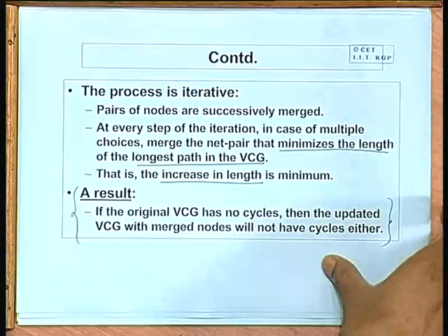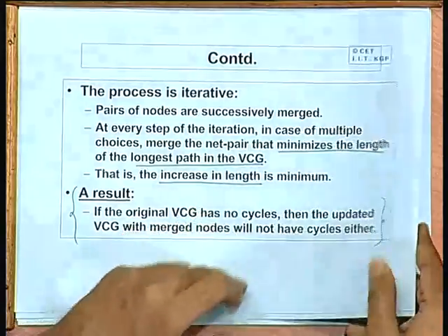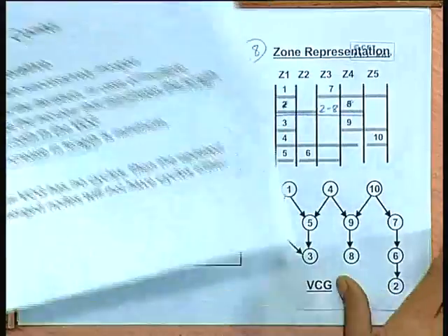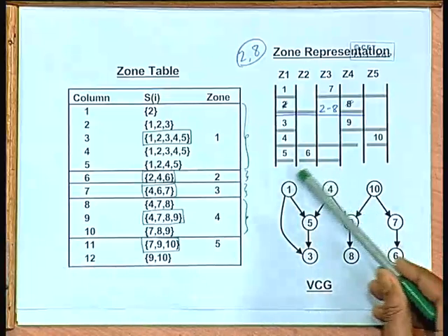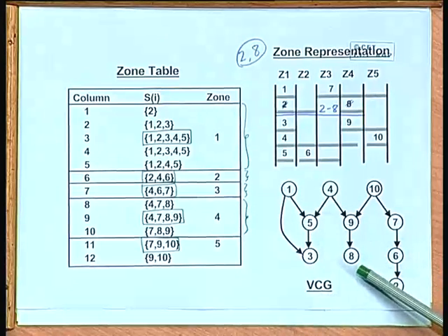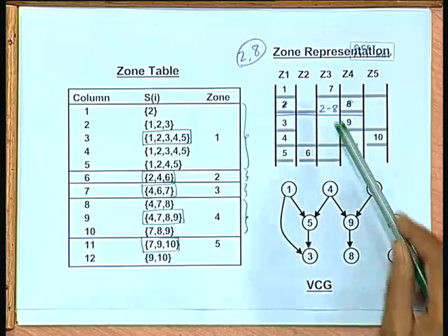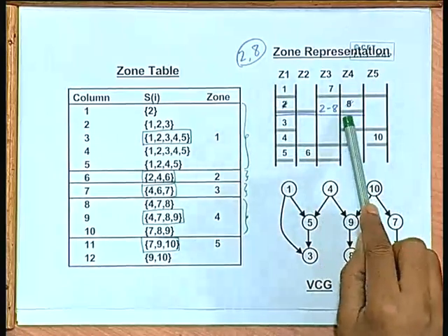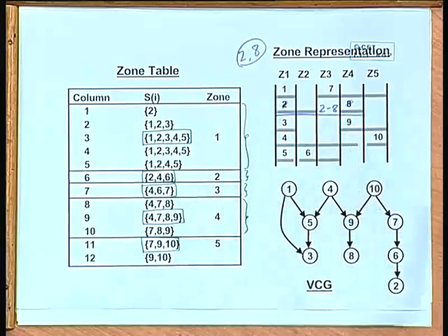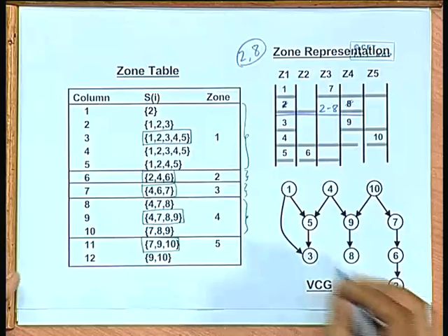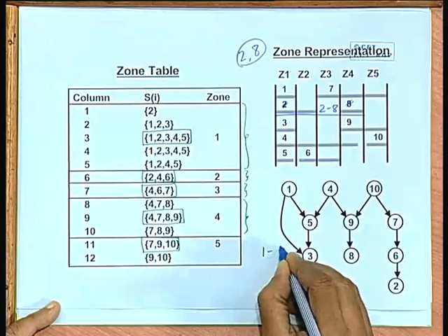So, let us again come back to that example. Let us show the steps of the algorithm. This was the original VCG. Now, these are the horizontal constraints zones, and this is the VCG. Now, in terms of the original constraints, the pair of nodes that you can merge here are 1 and 6.